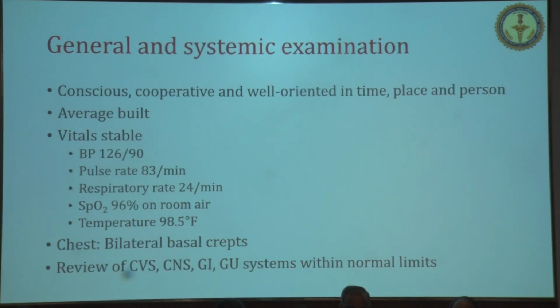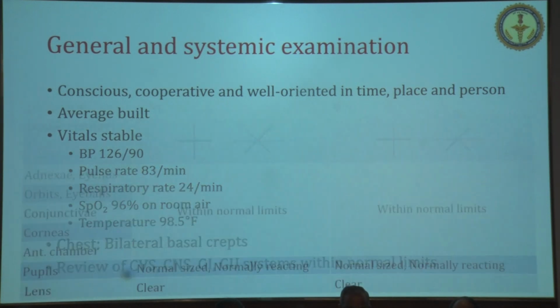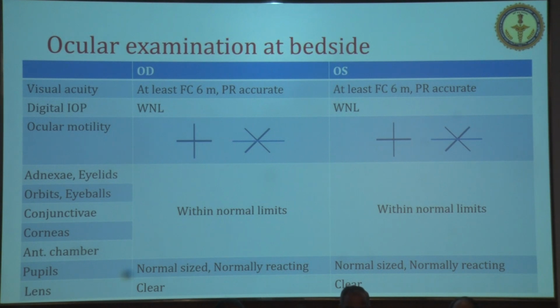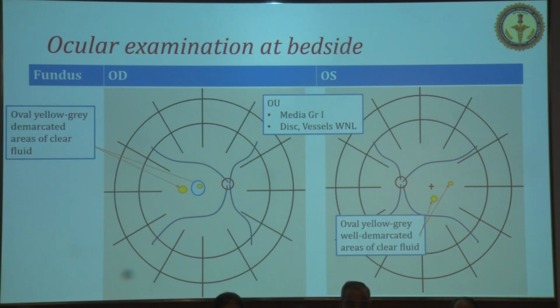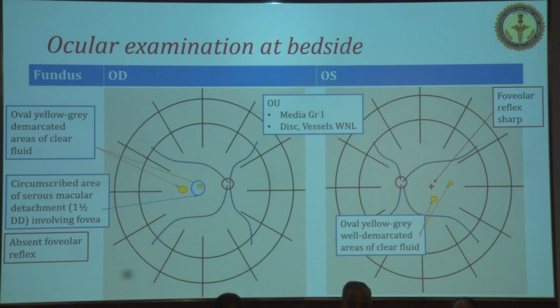On examination, the patient was a mild case of COVID with oxygen saturation of 96% and bilateral basal crepts. A bedside examination in the COVID ward showed visual acuity of at least 6 meters and a normal anterior segment examination. The fundus examination at the bedside showed a right central serous chorioretinopathy and bilateral pigment epithelial detachments.